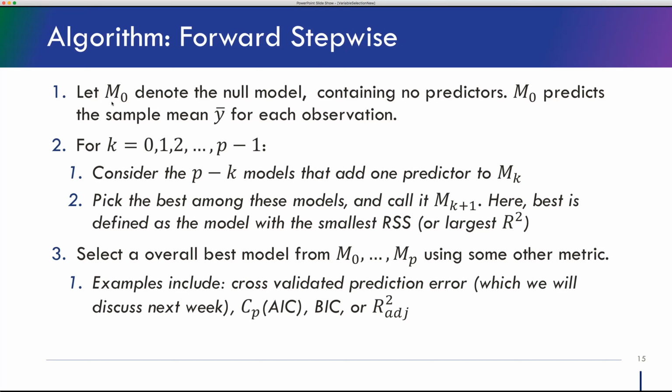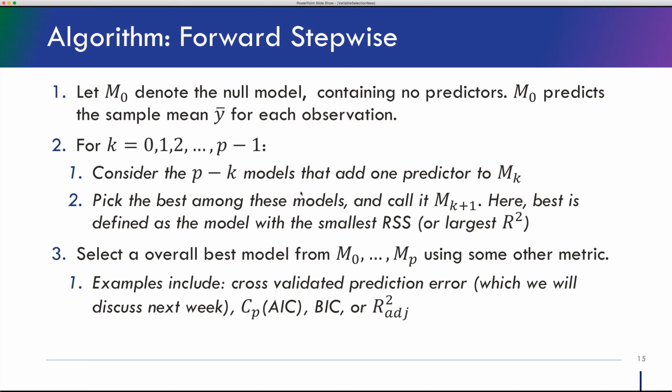So again, let's use M0 to denote the null model, which contains no predictors. And for k from 0 to p minus 1, because we use p minus k here, we consider the p minus k models that add one predictor to Mk.